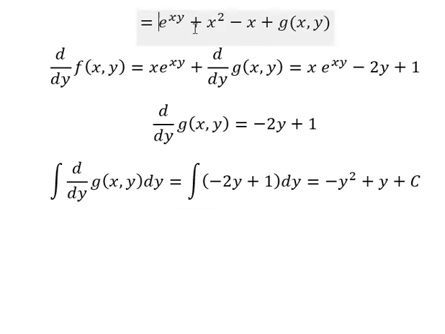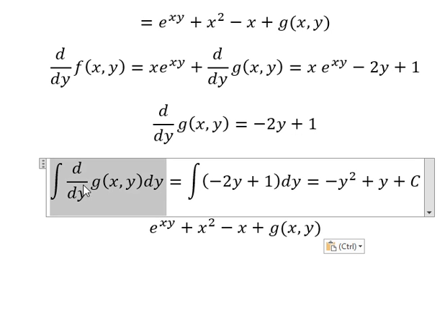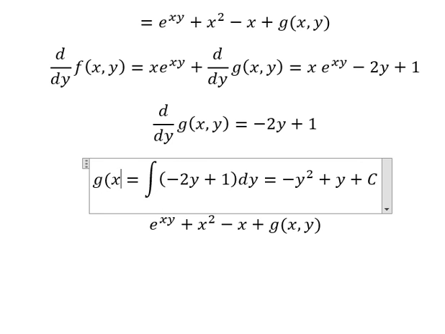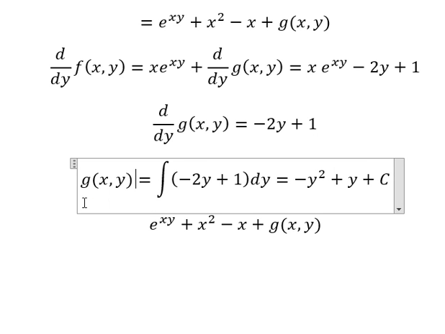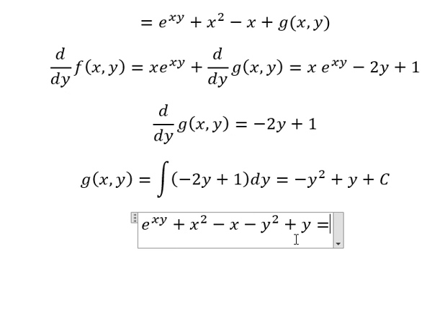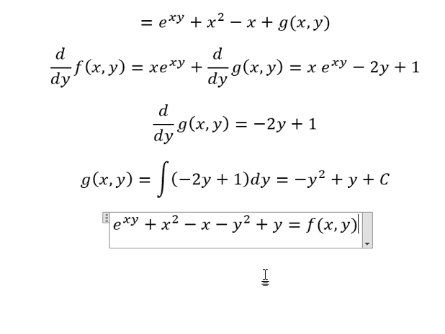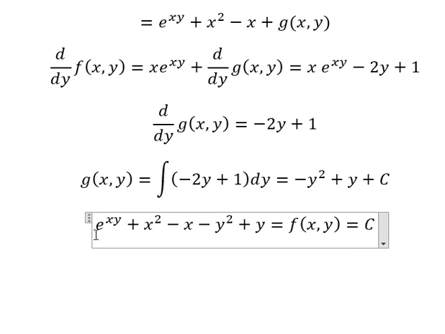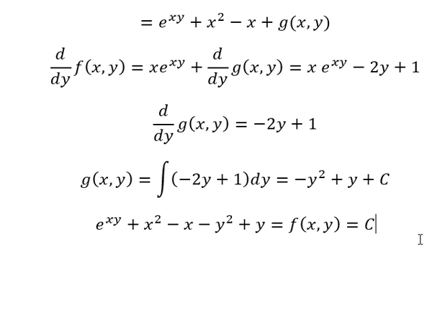Now we go back in here. So the integration of this one, we have 3xy. So 3xy equals to this one. And we know that this one equals to f(x,y). f(x,y) equals to c, and now we can simplify like this.